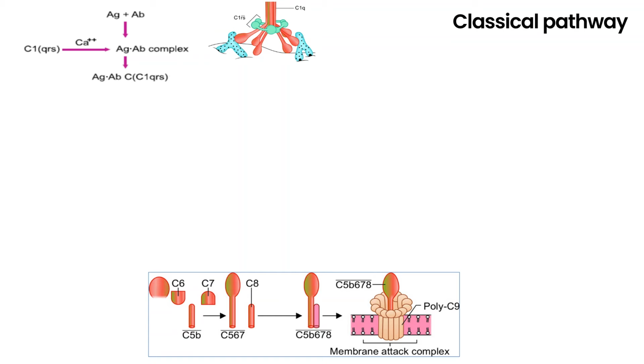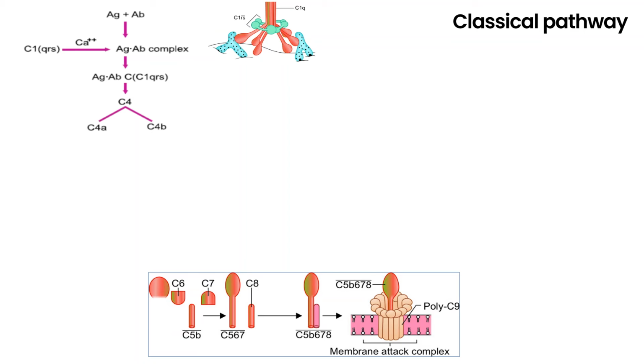Now, once this antigen antibody C1qrs complex is formed, it acts as a C4 convertase, and here usually 1 to 9 go in sequence.